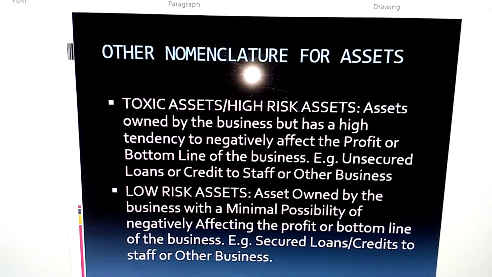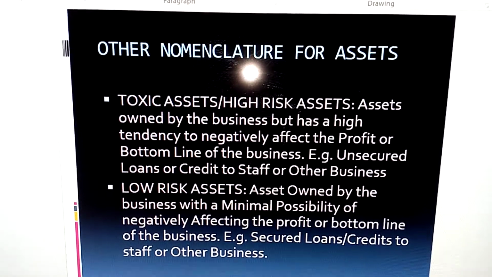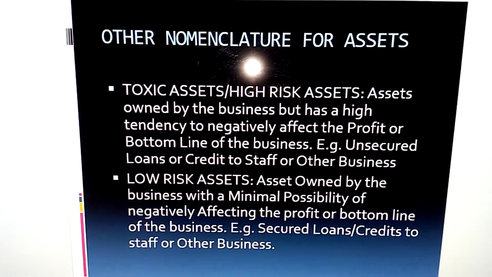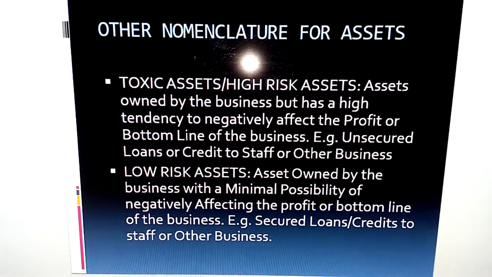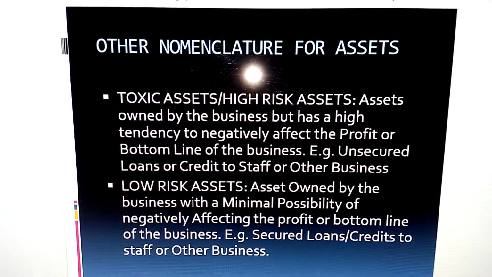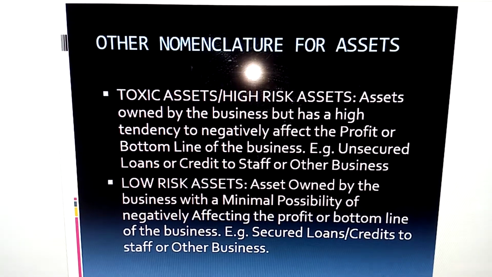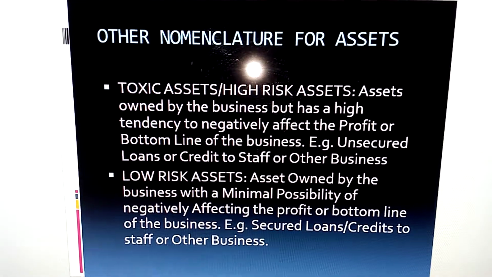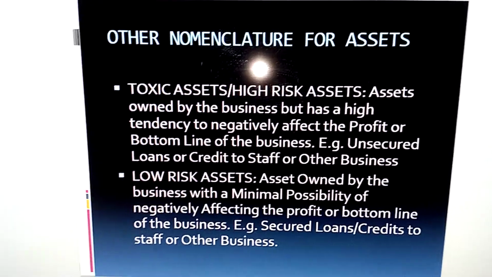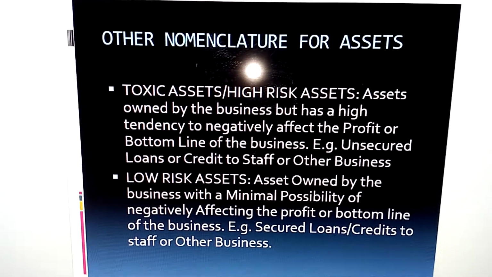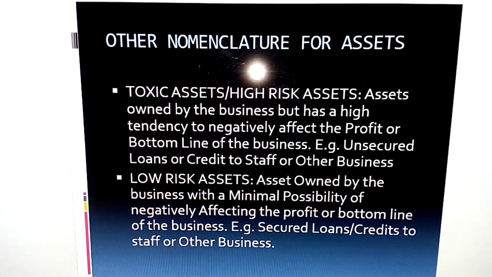Now we have been able to define assets and classify assets into tangible and intangible. But assets can also have other nomenclatures depending on the user of the reports, and also depending on the industry.